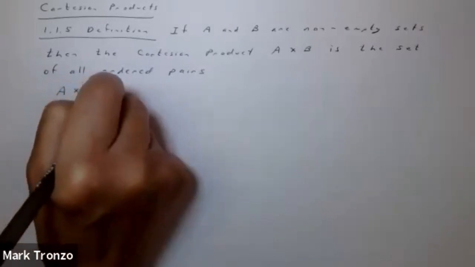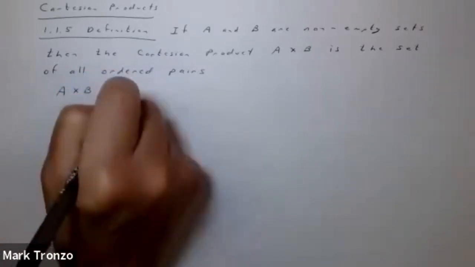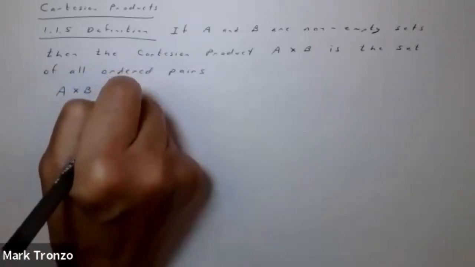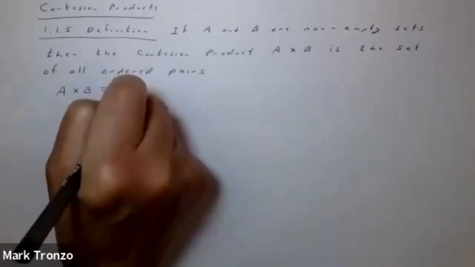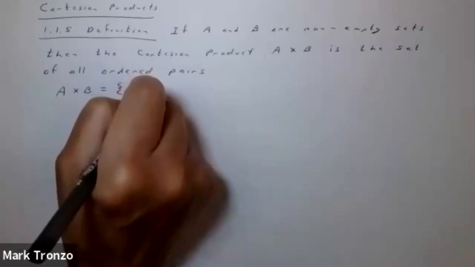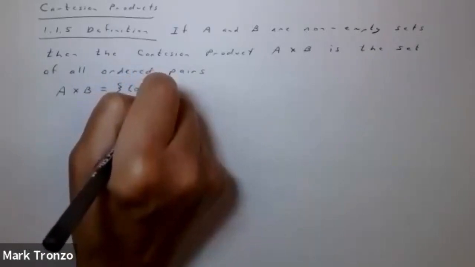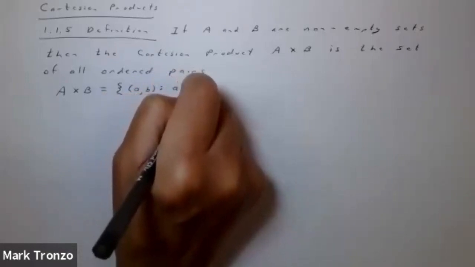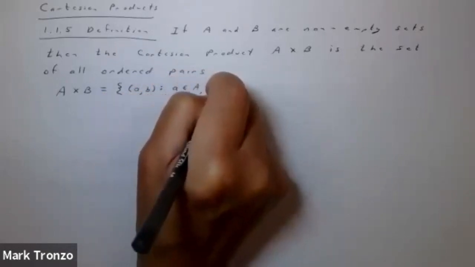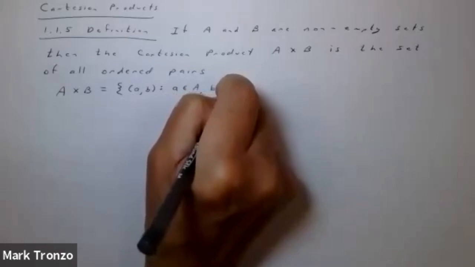A cross B is equal to the set of (a, b), which usually has this coordinate notation, such that a is in capital A and b is in capital B.